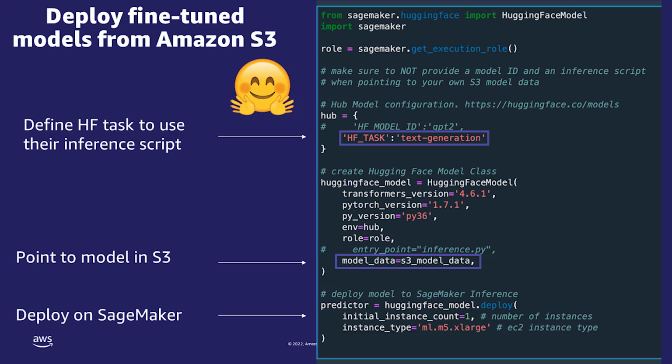So again, my Hugging Face model is right here, my Transformers version 4.6.1, PyTorch, and Python versions defined. And then I'm passing in that hub configuration via this environment, along with my SageMaker role, and then I'm defining my model data right here. That is a pointer to my pre-trained model artifact that is sitting in my S3 bucket. So I'm just passing that S3 path right here, and then model.deploy.